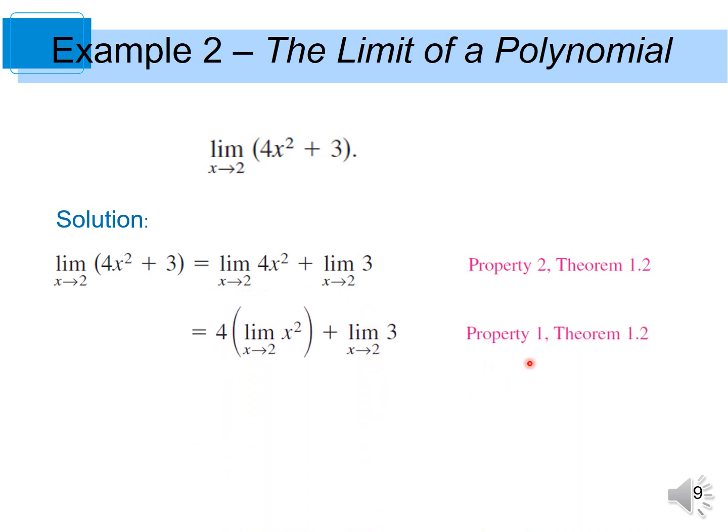For the first property, 4 is a constant, so we factor it out, and after that we substitute the 2 into the x. So the limit is 19.